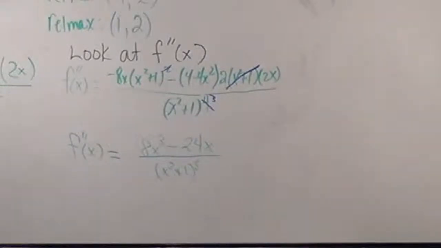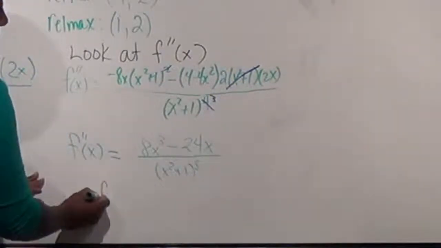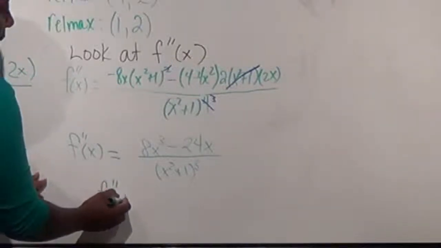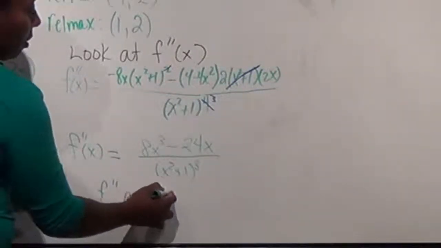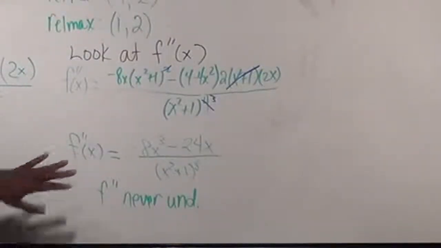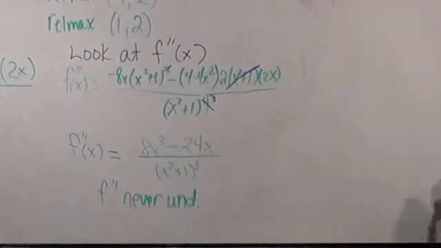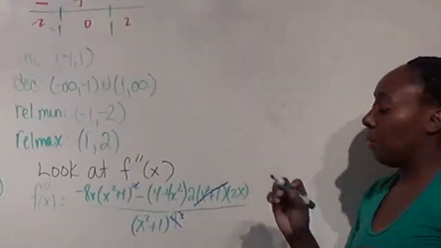And again, just like f prime, we can notice that the denominator here is always positive, so f double prime is never undefined. Okay. So now we're going to find the critical points by letting f double prime equal 0.